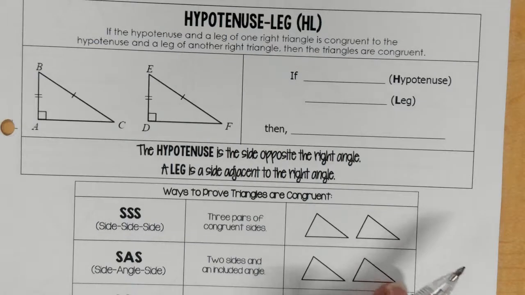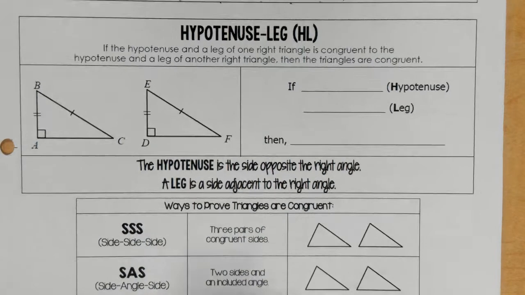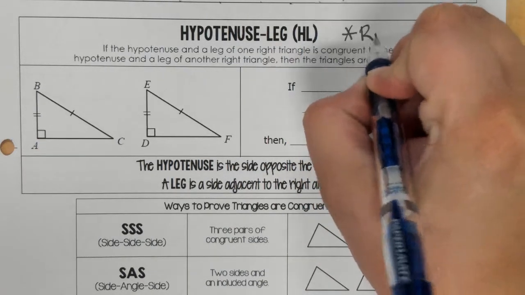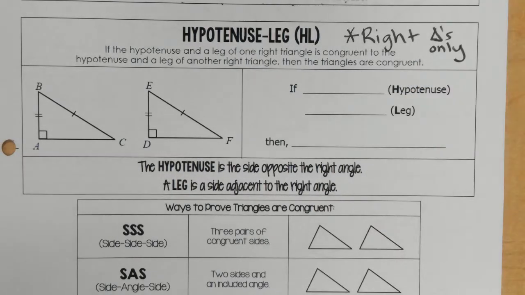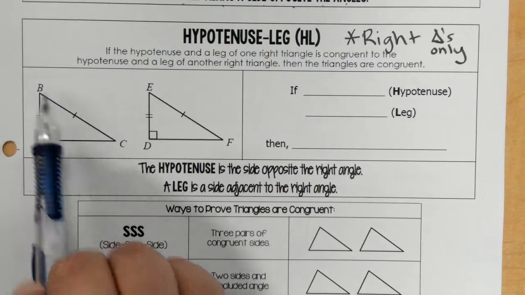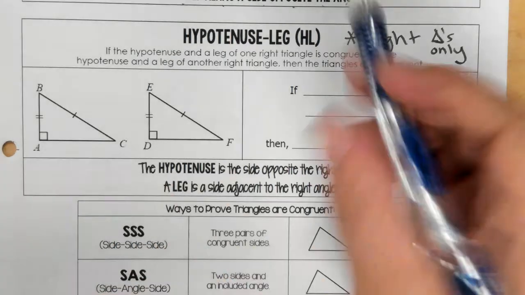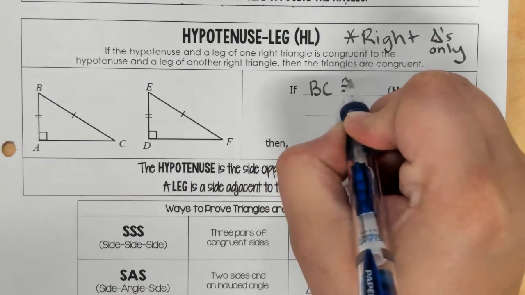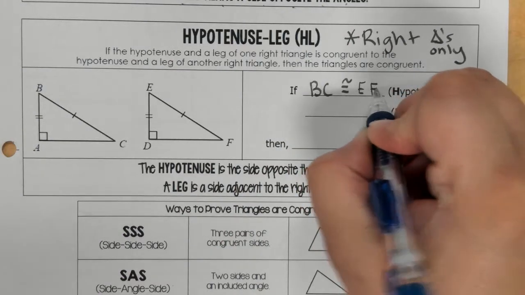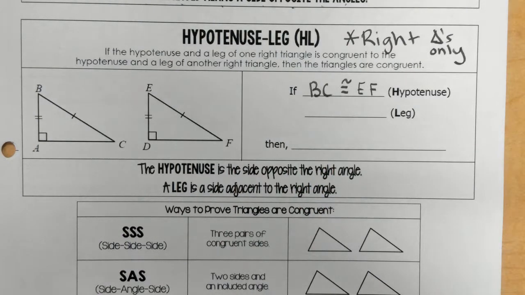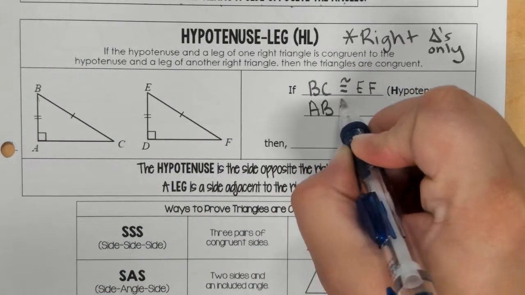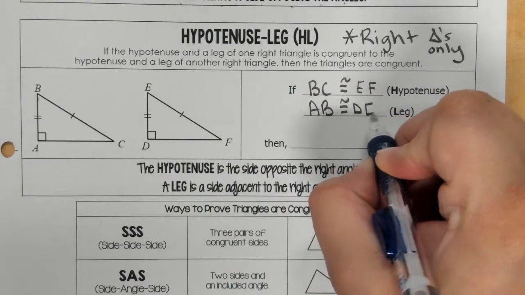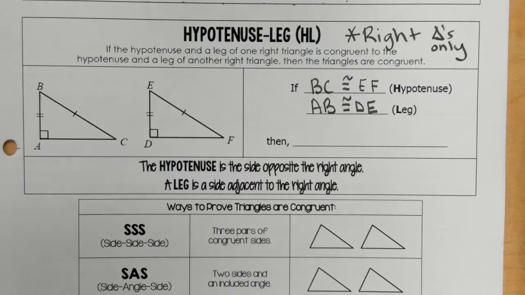Hypotenuse leg. So this only works in a right triangle. Okay, maybe make yourself a note. Right triangles only. And I look to see, do I have a hypotenuse that is congruent to each other? So yes, BC, it's across from the right angle. BC would be congruent to EF. Okay, then I look for my leg, and I have a leg AB and a leg DE, which are also congruent to each other because it's given to you in the problem.